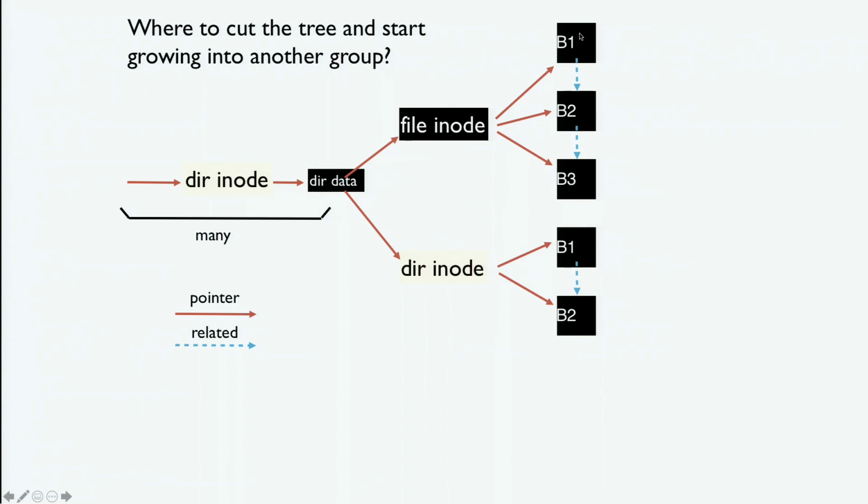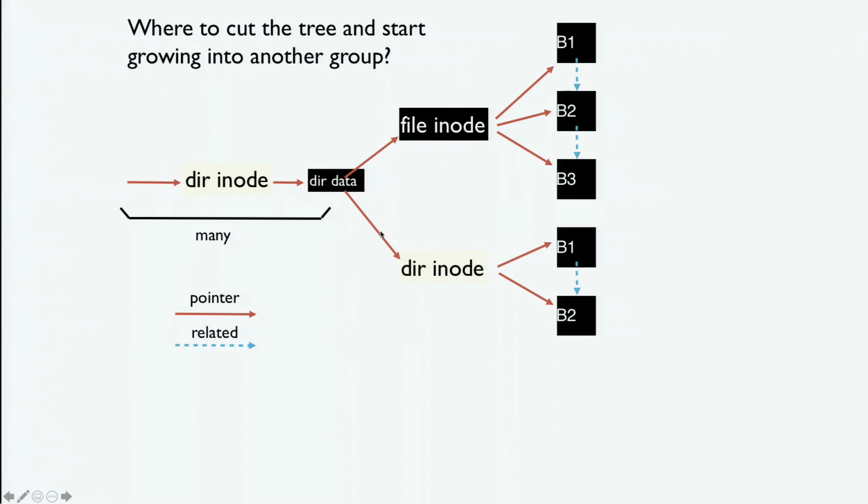So we definitely want the file data to be close to the file inode, and we want the directory data to be close to the directory inode. These don't seem to have any relationship to one another other than the fact that they're in the same parent directory, and from the parent directory's perspective, it wanted to have its children inodes next to it as well so that it could do ls -l quickly. But we have to make a choice somewhere.